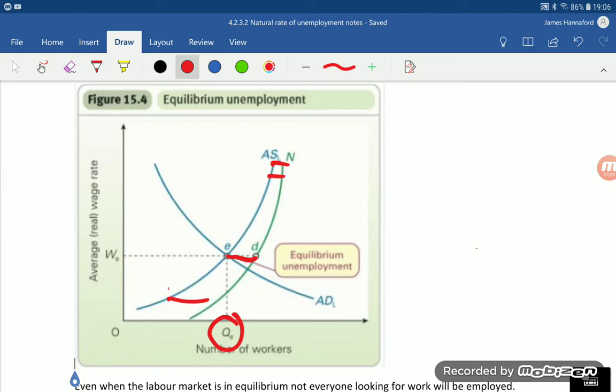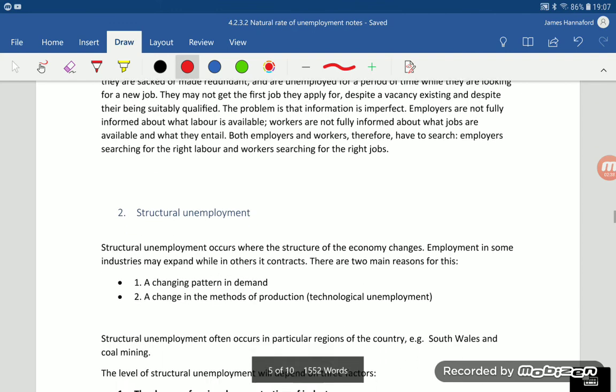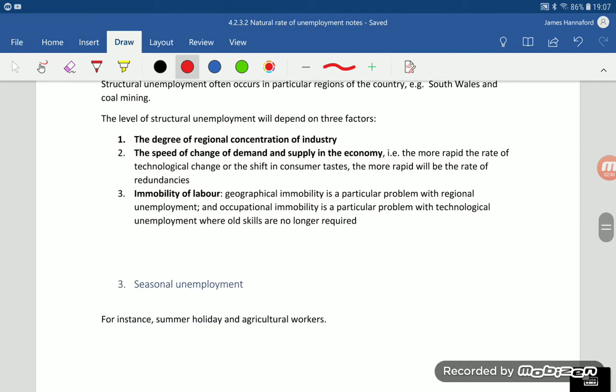This is when equilibrium unemployment will occur. There are three types of equilibrium unemployment: frictional, structural, and seasonal.